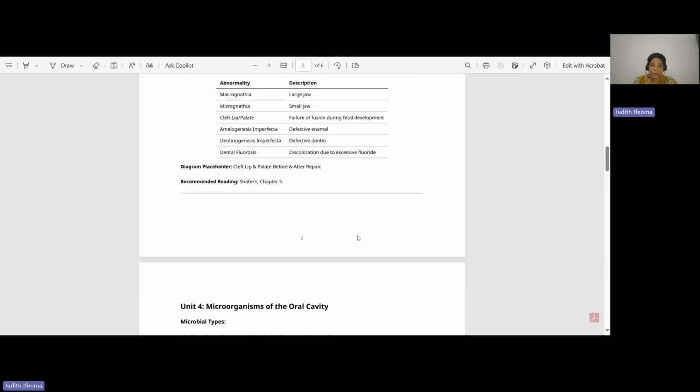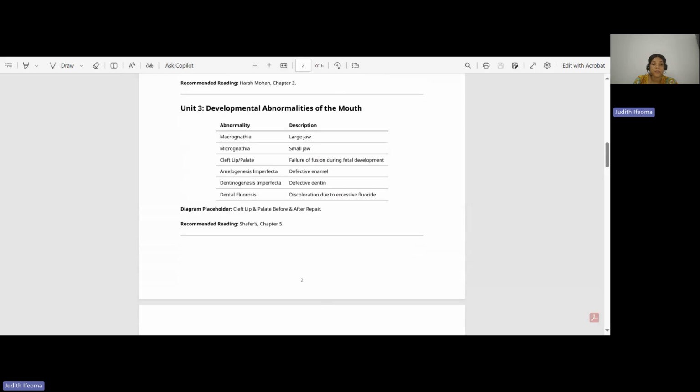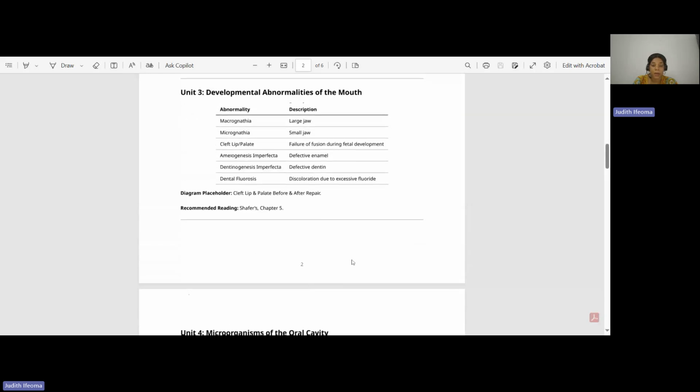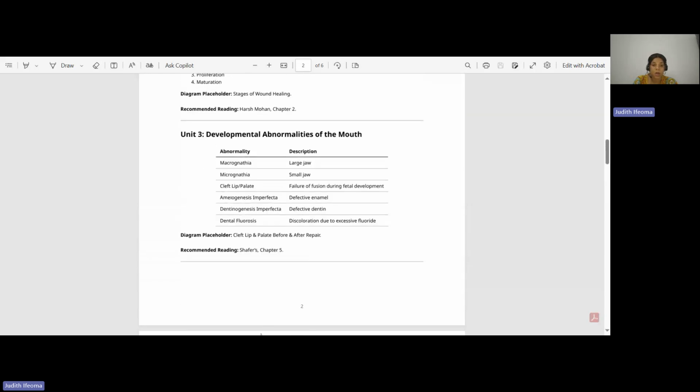So we are back to the developmental abnormalities of the mouth. A quick one, as I explain a little bit more, then we move to the next topic.